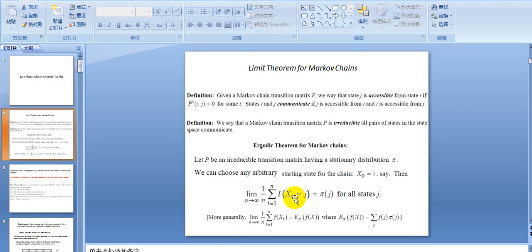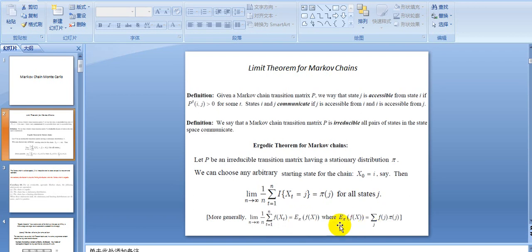Here it is just a function of the indicator where xt equals j, but you can change it to any function f. So if you change that to any function f, then this limit will actually converge to the expectation of f of x. This expectation is calculated with respect to the stationary distribution pi.